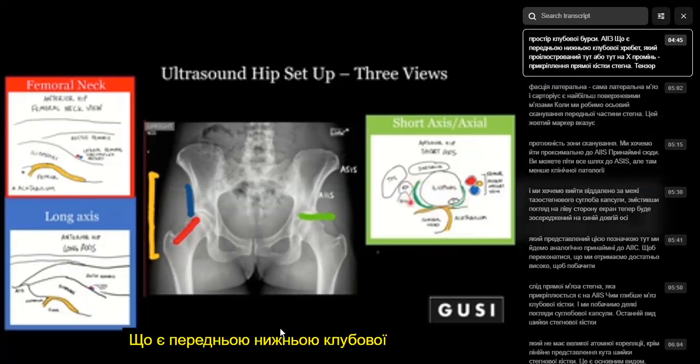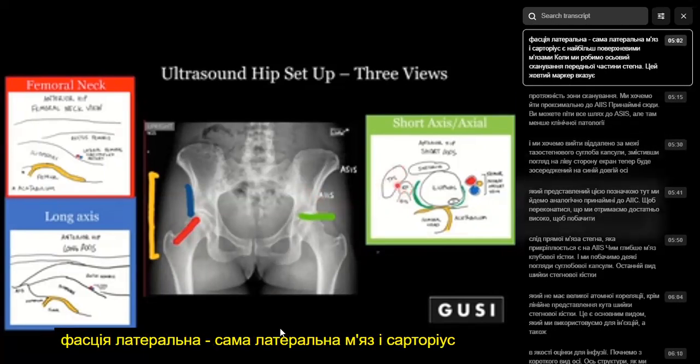The AIIS, the anterior inferior iliac spine, which is illustrated here on the X-ray, is the attachment of rectus femoris. The tensor fascia lata is the most lateral muscle, and the sartorius is the most superficial muscle.